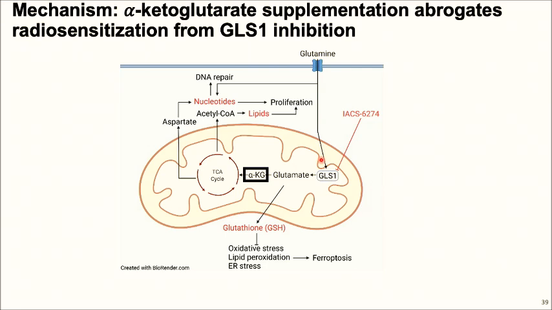We also looked at alpha-ketoglutarate supplementation, because alpha-ketoglutarate is also at the center of glutamine metabolism, because it feeds into the TCA cycle that would then generate all the important things that are needed for DNA repair.